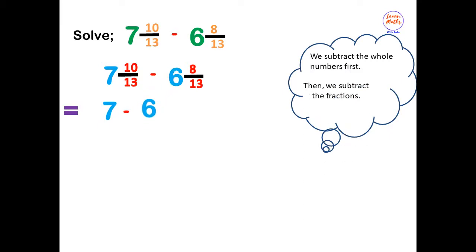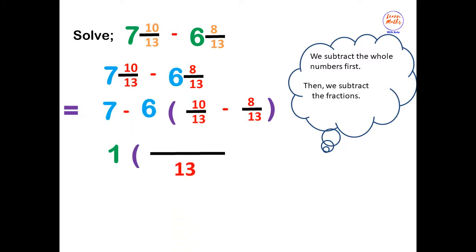Then I put 10 over 13 minus 8 over 13 in a bracket. 7 minus 6 is 1, and the LCM of 13 and 13 is 13. We have 10 minus 8, so we have one whole number, 2 over 13. As simple as that.